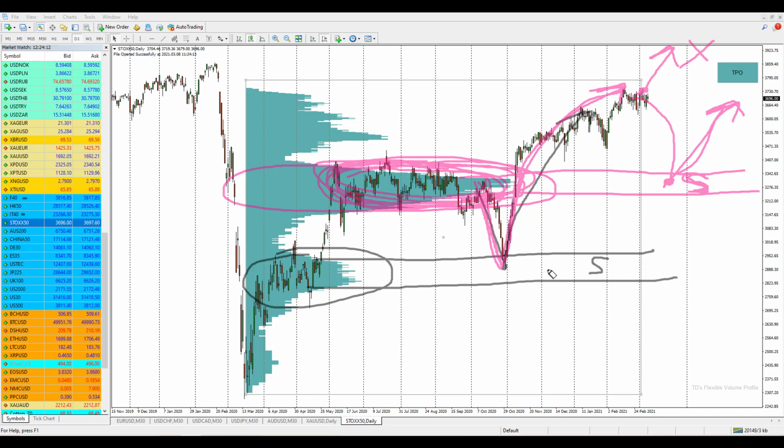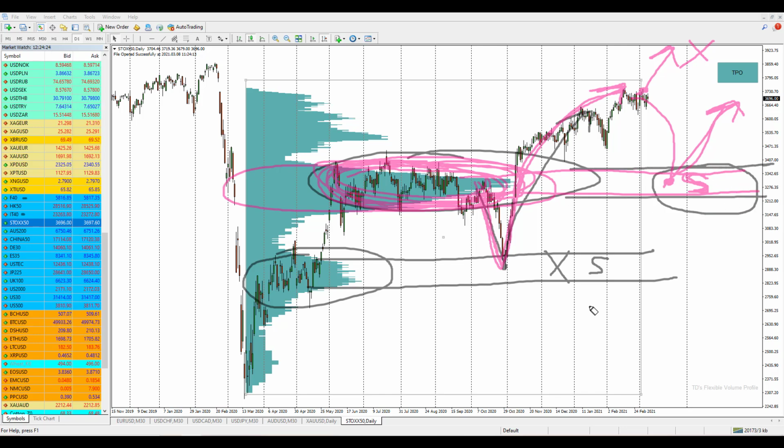So this idea is already spent, but those volumes are not tested yet. So this support should hold. All right, nice place to enter your investment, a long position on European stocks, if you are interested in that sort of trading, or investing, I should say.